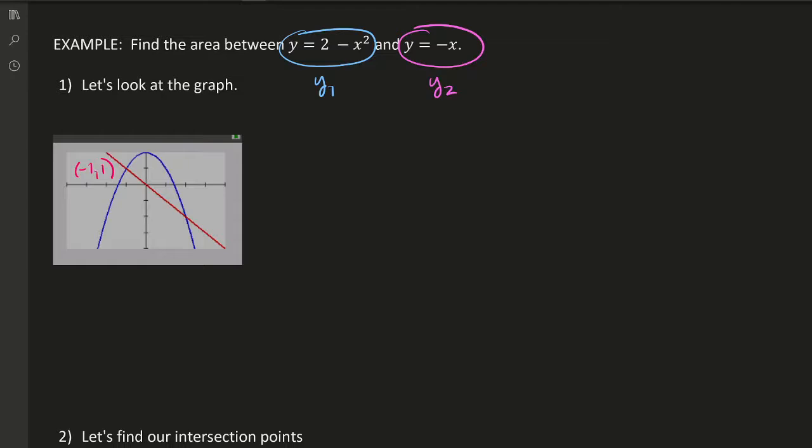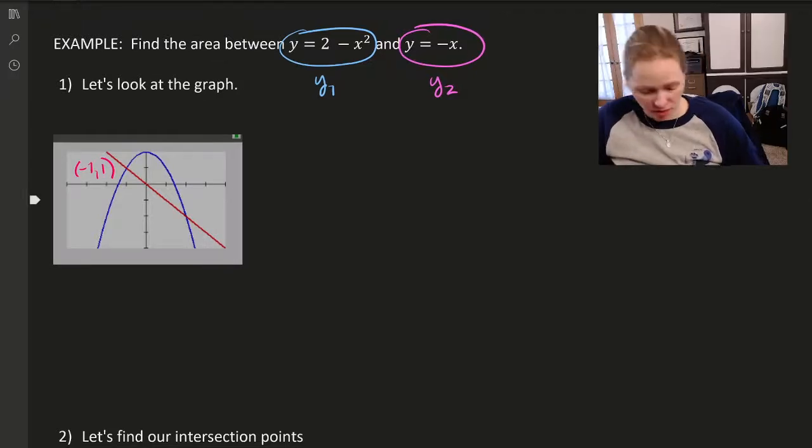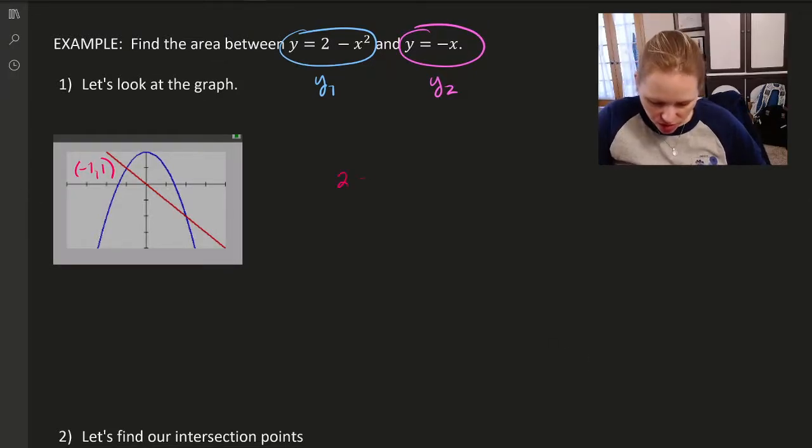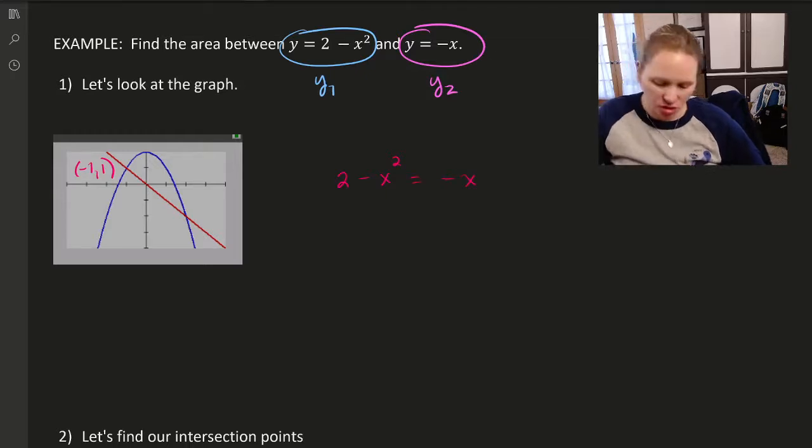And then to find the other one, if we wanted to solve this not using our graphing calculator, we would solve it using algebra. The algebraic way to solve this would be to take the two equations, 2 minus x squared equals -x, and set them equal to each other. So you'd have to factor, so get 0 on one side: x squared minus x minus 2.